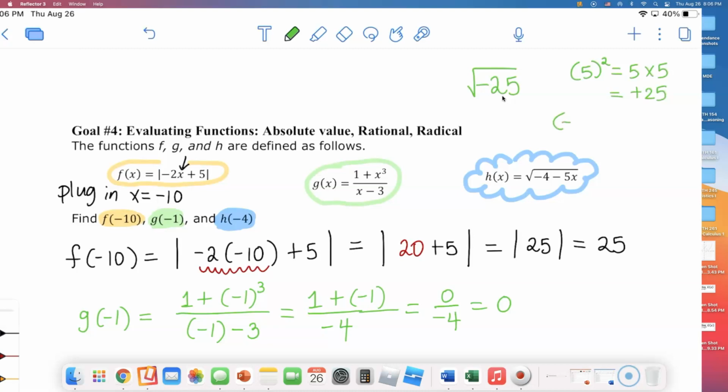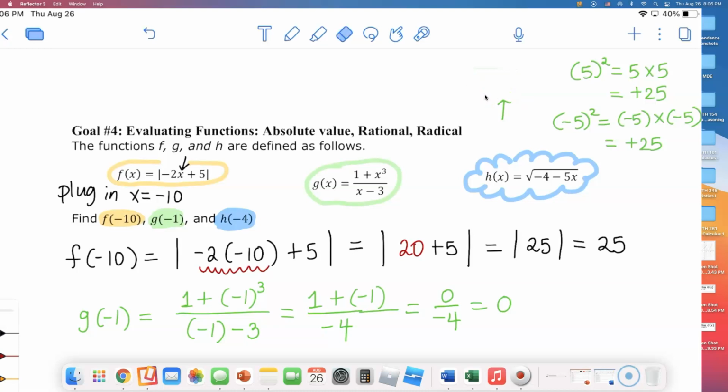But even if you square a -5, a negative number times a negative number comes out to be a positive number. So that's not a real number. That's not possible. So until we talk about imaginary numbers, the complex number system, when we have a negative underneath the square root, a negative radicand, we're going to say that's undefined.